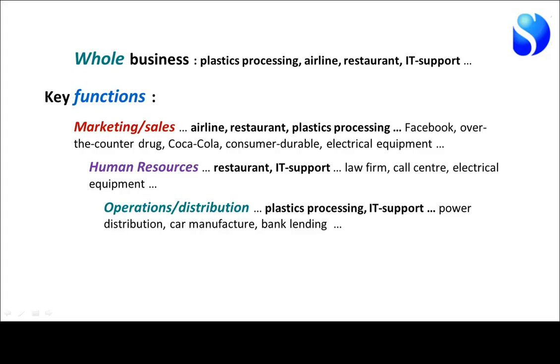And the bank lending case, we actually use it to talk about why things went wrong with the subprime lending, the subprime mortgage problem that really caused such trouble back in 2008. That's an operations related case. And there are other examples that bring out product development issues, information service issues, finance and accounting issues.